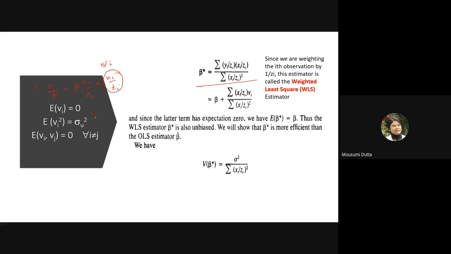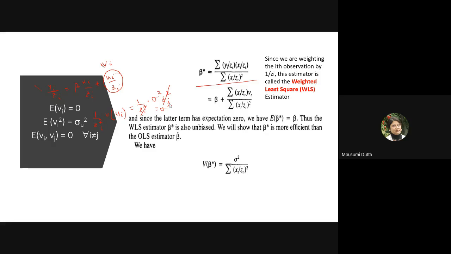So you will have 1 by zi square, and the variance of ui is sigma square zi square, so it will be simply sigma square. So while expectation of ui square is sigma square zi square, variance of vi is a constant sigma u square.